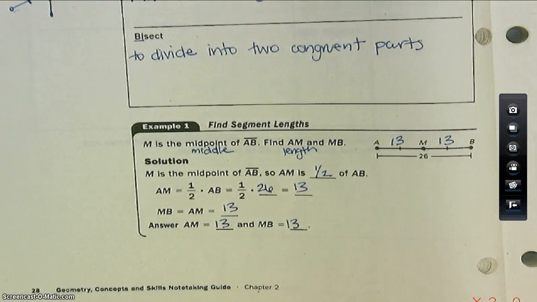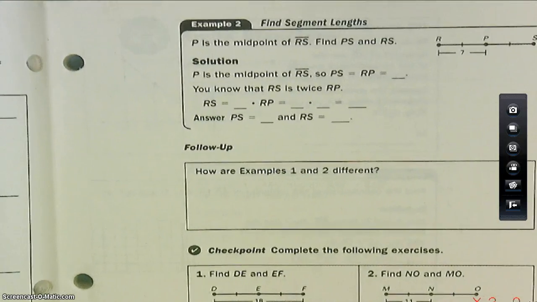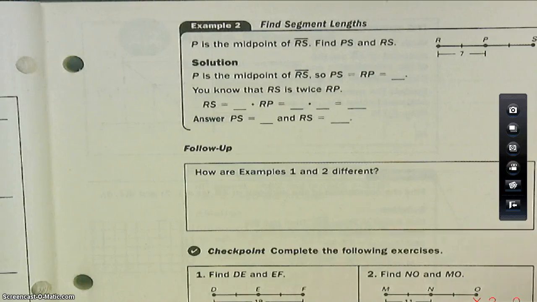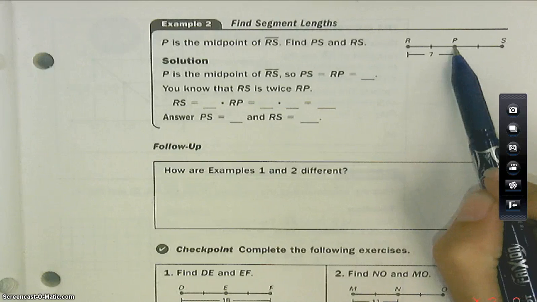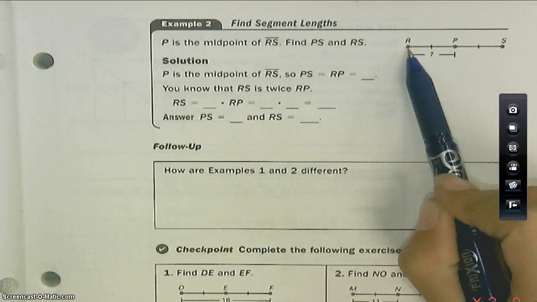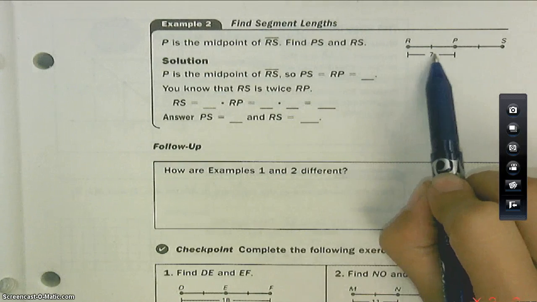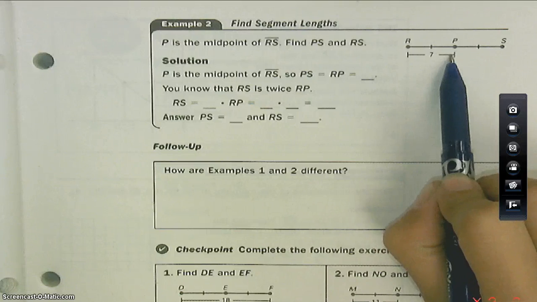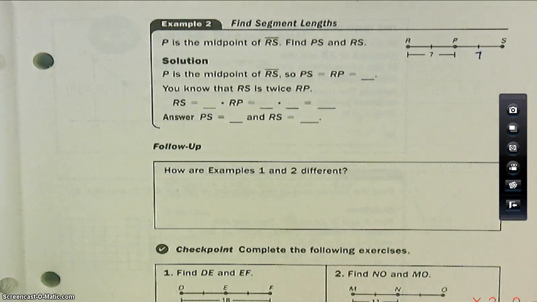Not too bad, right? Now example 2 is just a little bit different, but applying the same philosophy. Now P is the midpoint. So P is right in the middle. We need to find the length from P to S and the length from R to S. All right. Well, they tell us that this half is 7. That means that this half over here must also be 7.